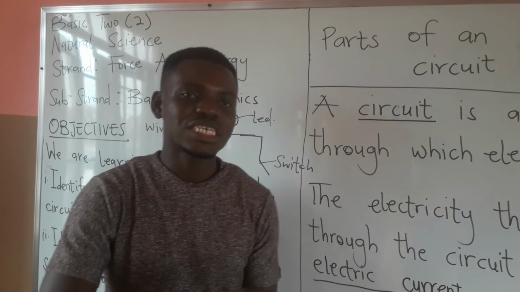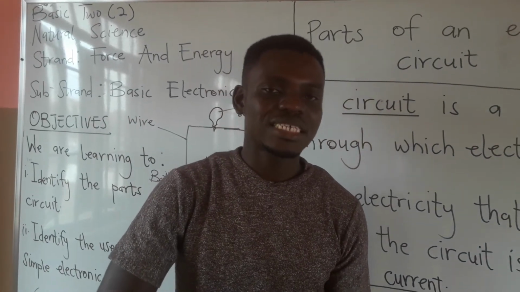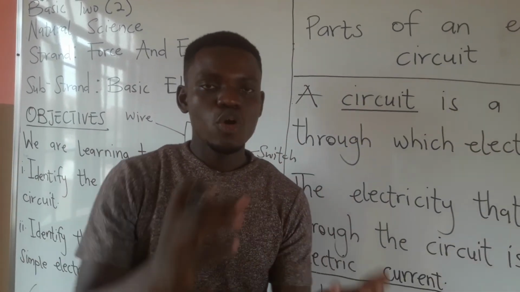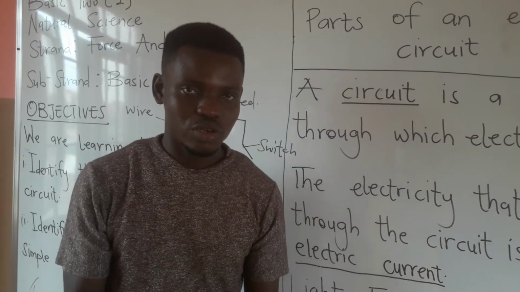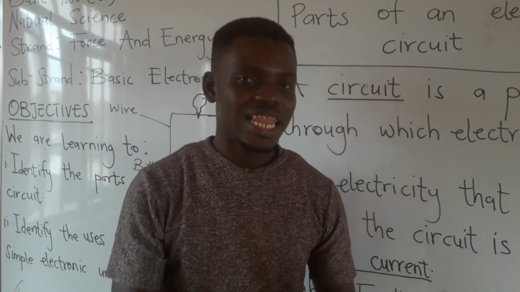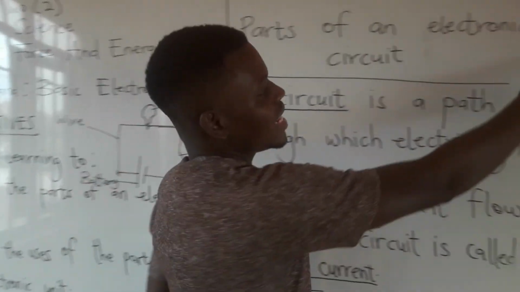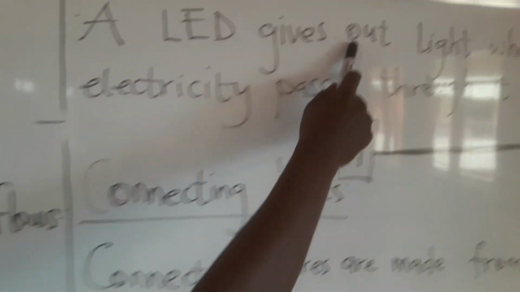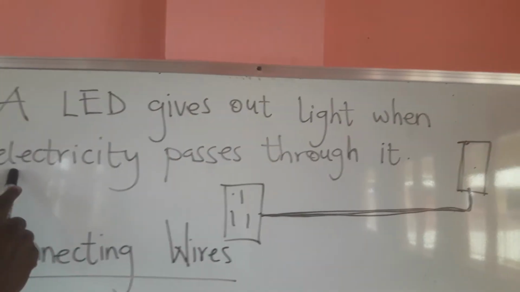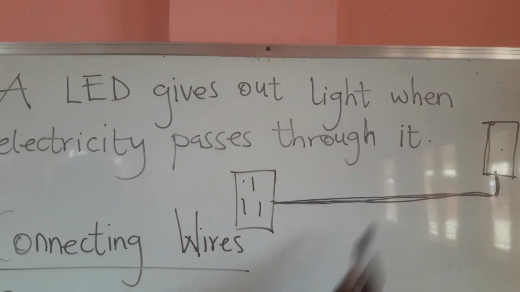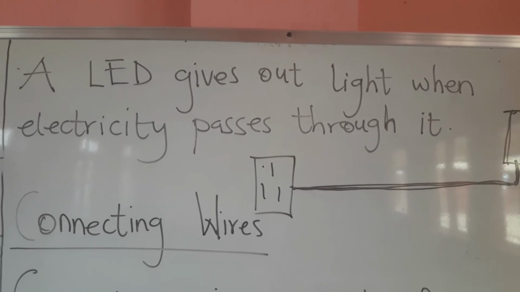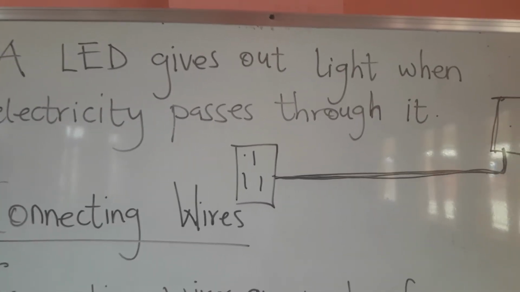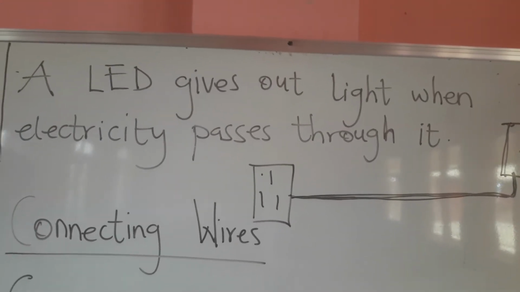It is called what? A light emitting diode. Whenever the electricity passes through it, it glows. It produces light. We said an LED gives out light when electricity passes through it. So you saw that when I turned on the switch, the green bulb began to glow.